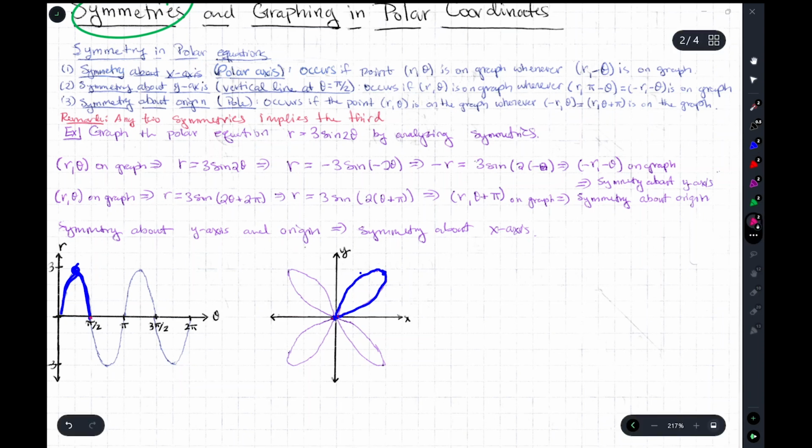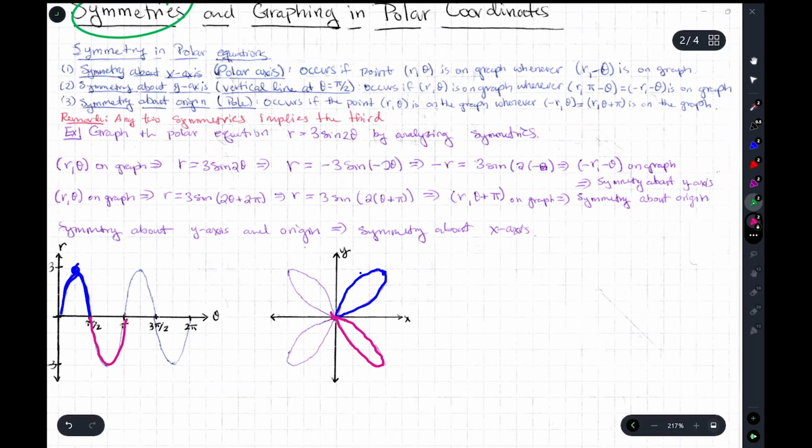But what about this guy here? This is a little tricky because r is negative. Okay, r is negative there, so you're going to have to be a tiny bit careful. You're increasing beyond pi over 2, and you are getting a negative r. And so it's not that leaf in the second quadrant. It's actually the leaf in the fourth, because of that negative r. And you hit 0 again at pi.